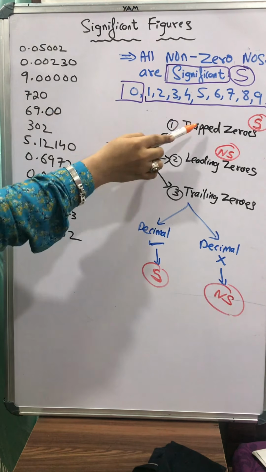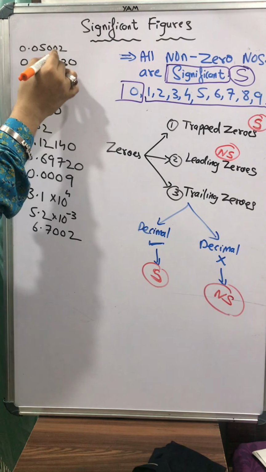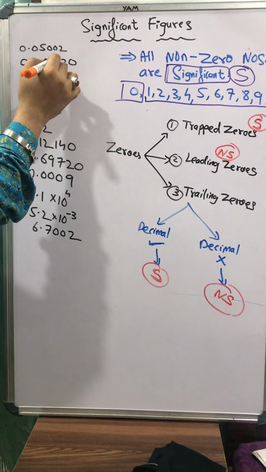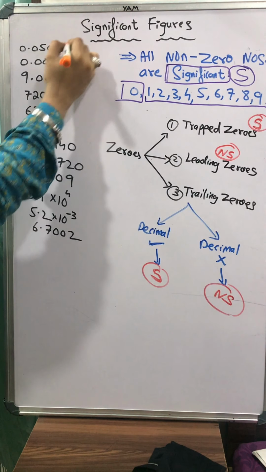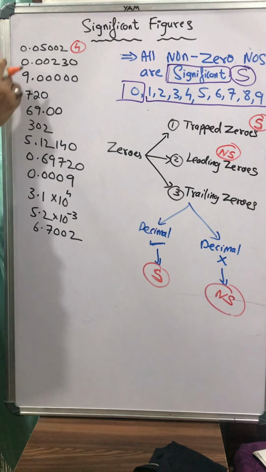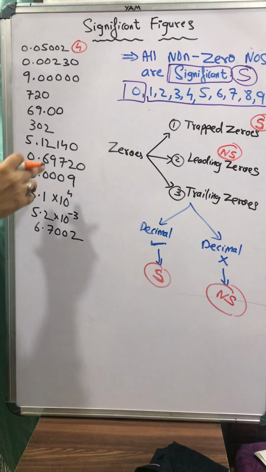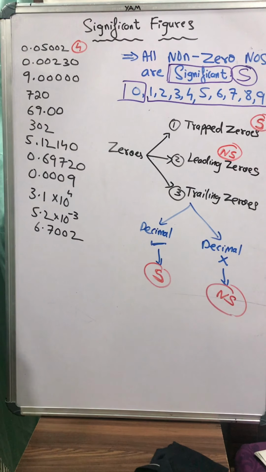And these two zeros are trapped. So these two zeros will be counted. So here the significant figures will be only 4. I'll write 4 here. Okay. So if somebody asks you, write your answer up to 4 significant figures, you have to write up till here. This should be your answer. Okay. Here we have 4 significant figures.